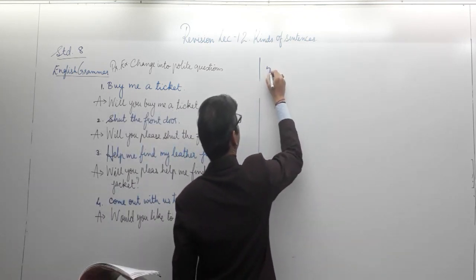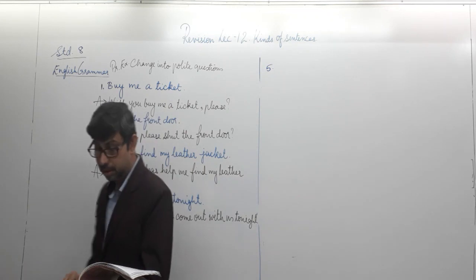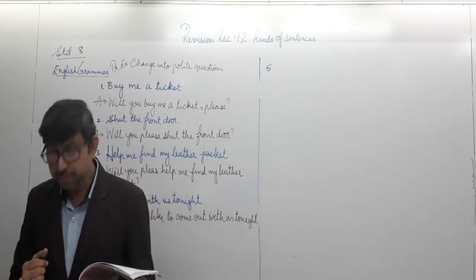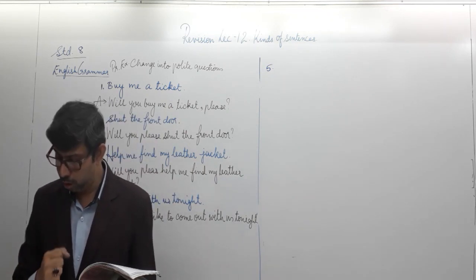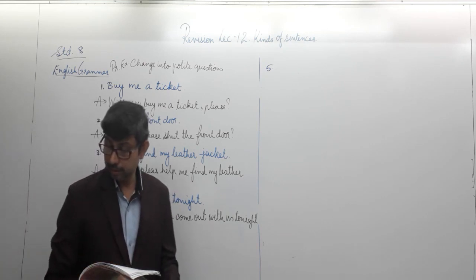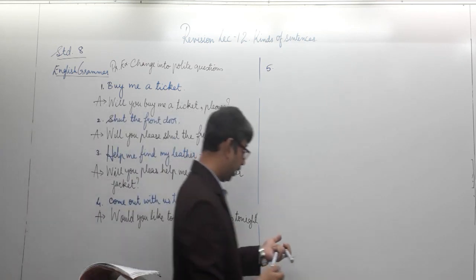Number 5. Sentence is, be there at 5 in the evening. A strong order or a strong command being given in this sentence. Be there at 5 in the evening.